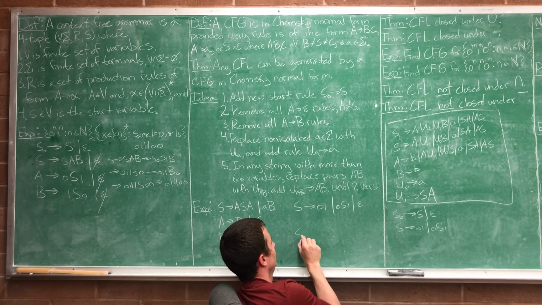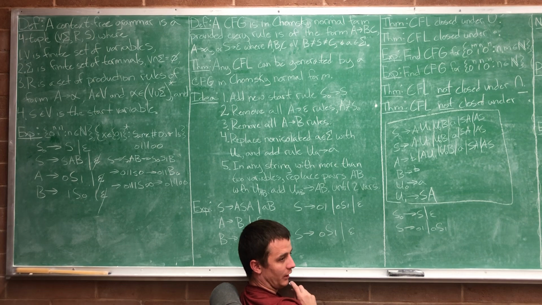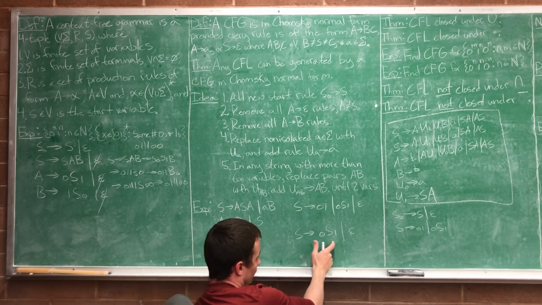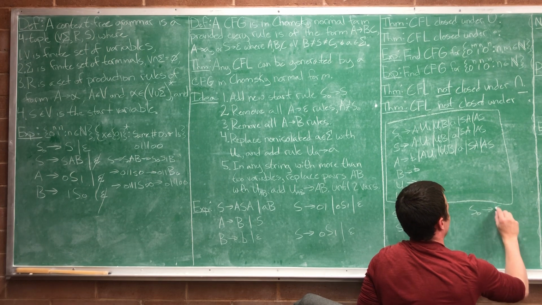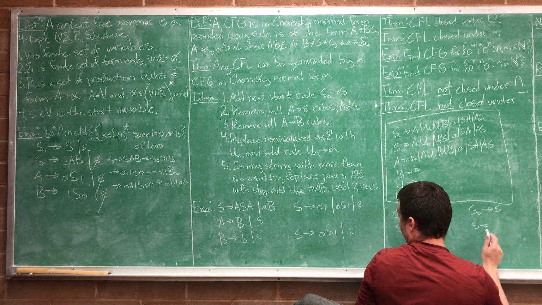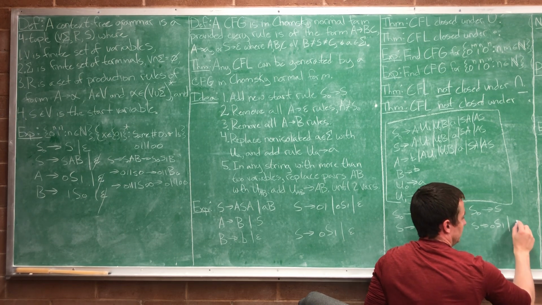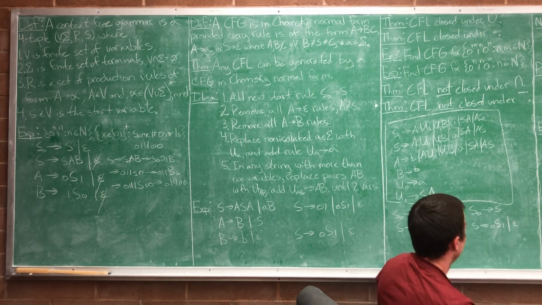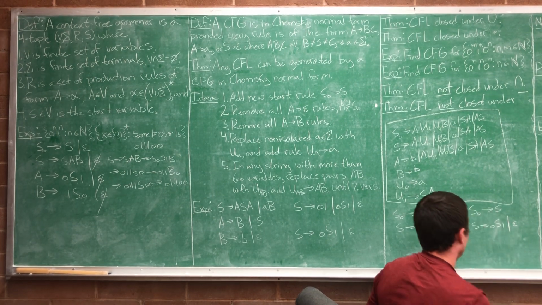So let's do this a second time. S goes to this time just 0, S1, or it goes to the empty string, right? You're saying, well, if we start with this grammar. So far, our start rule would be the same. So we had S naught goes to S, and then we'd have S goes to 0, S1, or it goes to the empty string, right? Now when we get rid of this empty string, we have 2 possibilities.